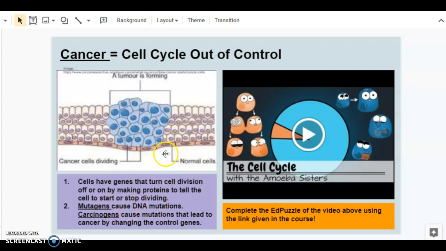If that mutation happens in a gene that is supposed to control the cell cycle, then the cell cycle either starts too often or doesn't stop when it's supposed to. Carcinogens are mutagenic agents that have been shown to cause cancer. And so they are a special kind of group of mutagens, if you will.